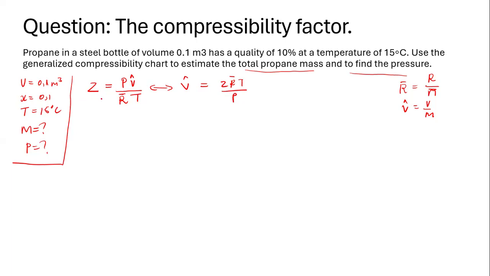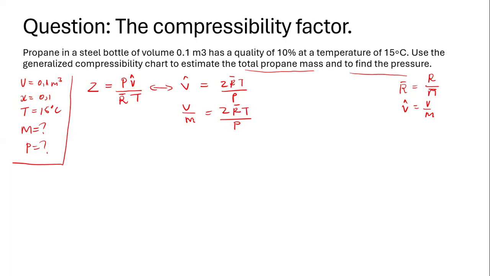So this is how our equation is going to look. But remember the specific volume is denoted by volume divided by mass, which equals Z R bar multiplied by T divided by pressure.